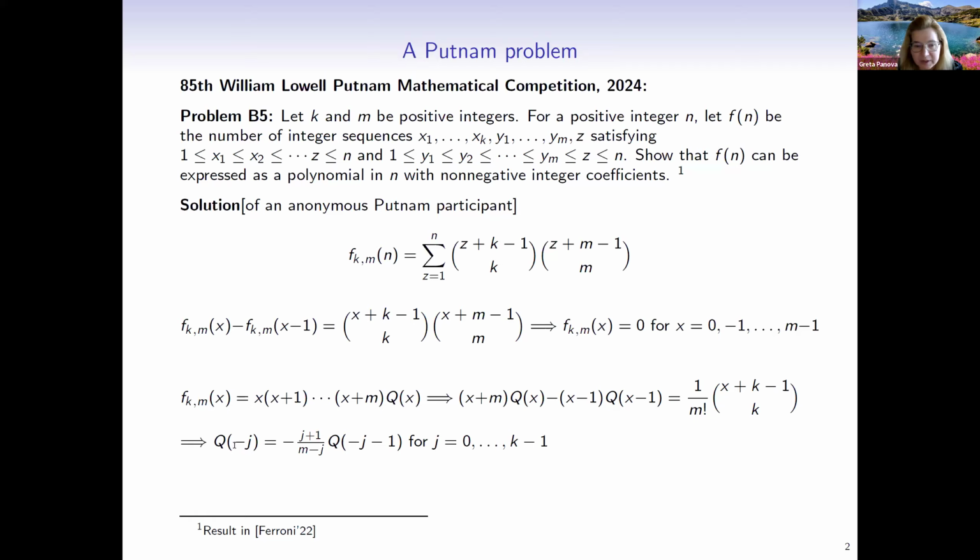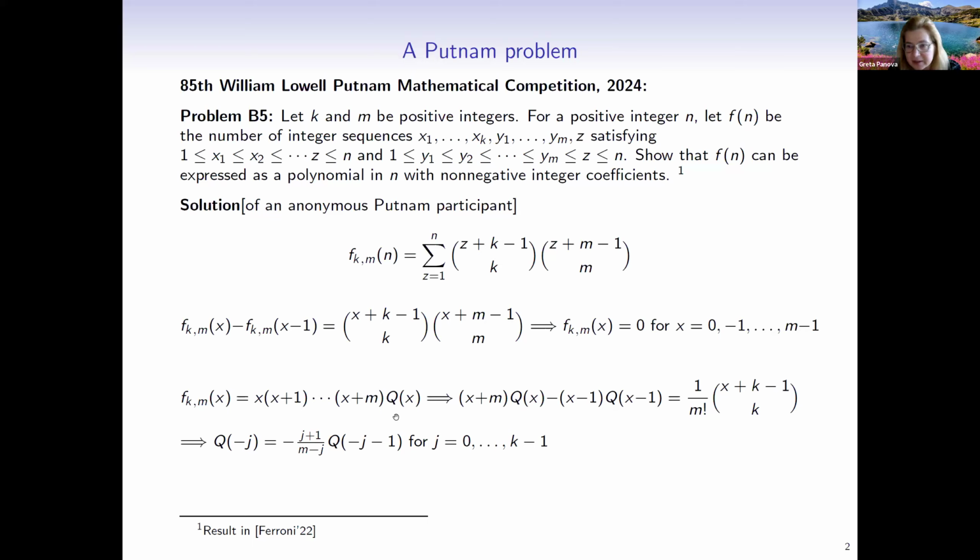In particular, we get this relationship between the values of q(x) and q(x minus 1). What you notice here is that when j goes from j to j plus 1, you get a negative factor. So if at some point this value is positive, the next one will have to be negative, and so on. So we have a polynomial which is oscillating between positive and negative.